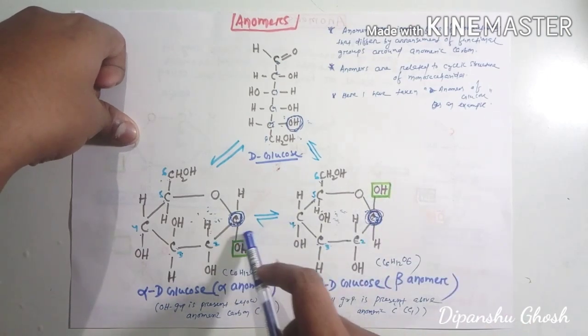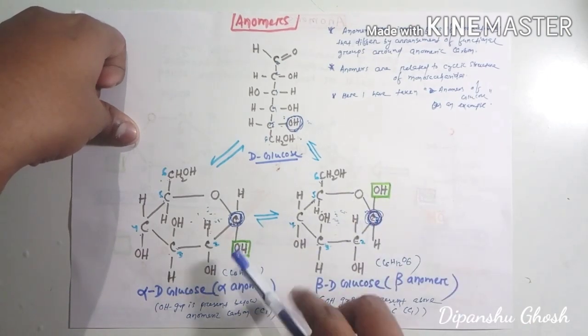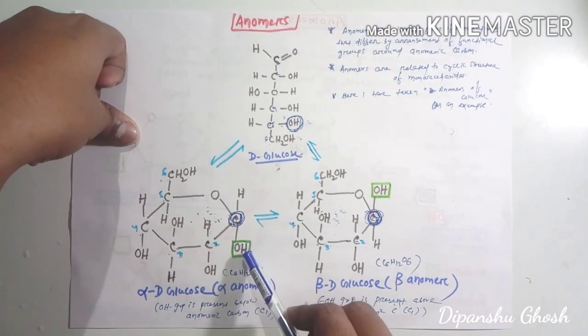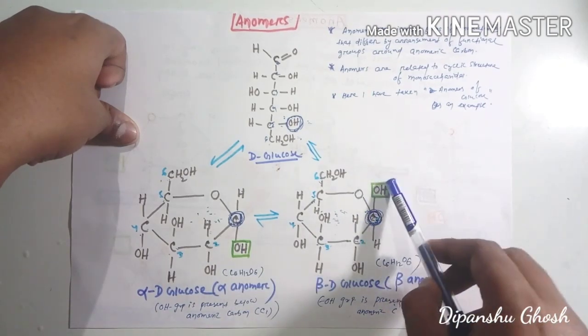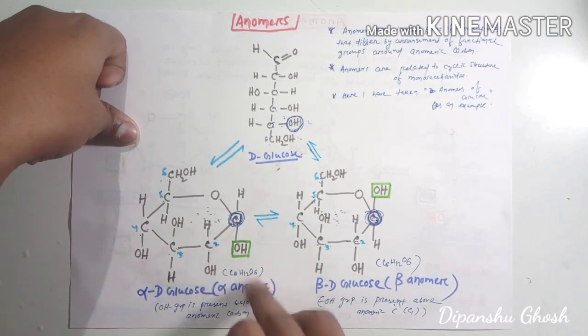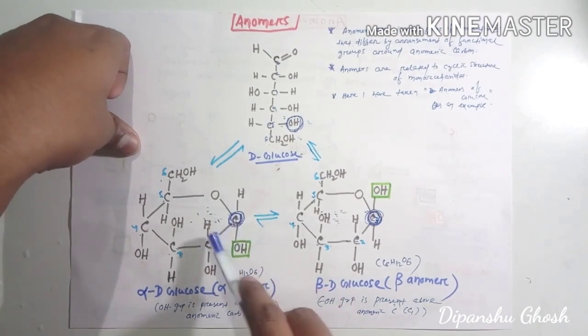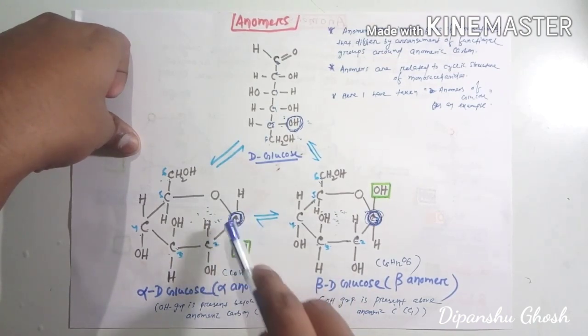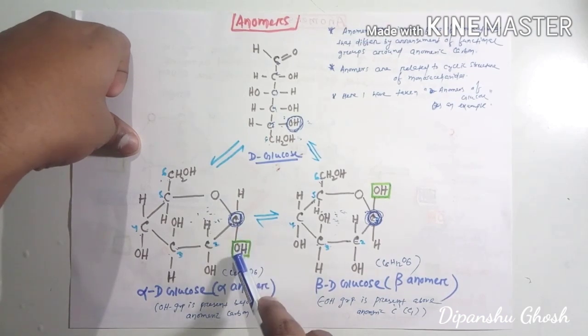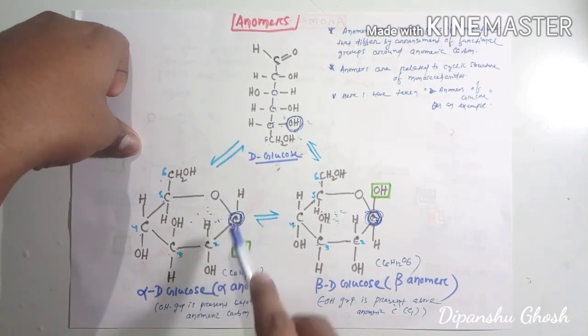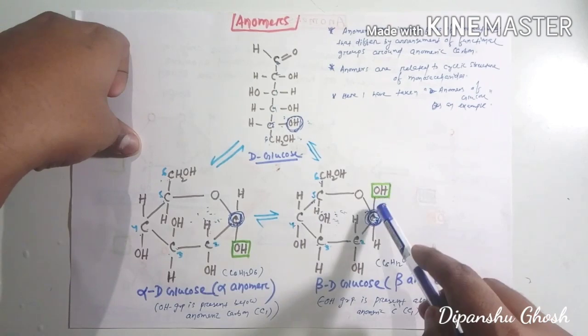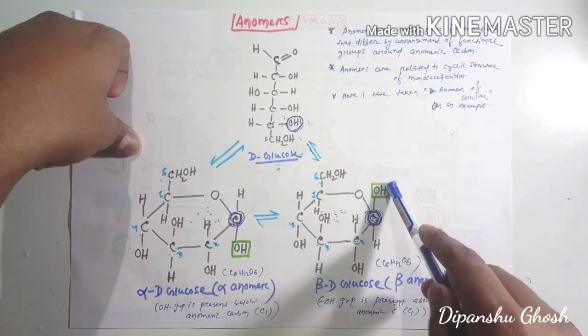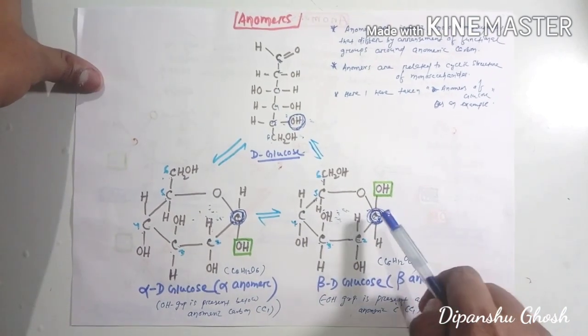For your convenience, I have drawn a green square around the OH group, right? In the first ring structure, the OH group is present below your anomeric carbon, but in the second ring structure, the OH group is present above the anomeric carbon, right?